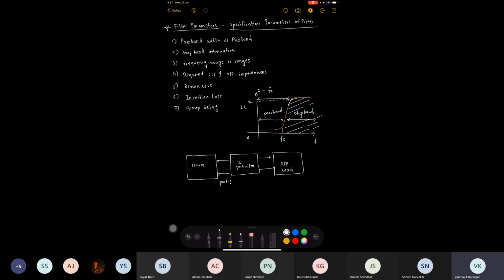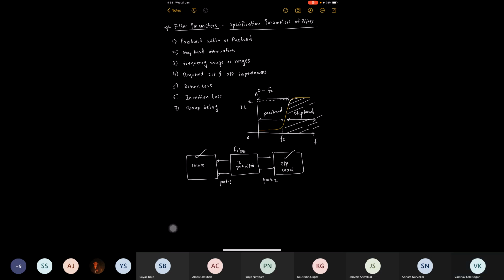So what we are actually doing is inserting this two-port network, which represents a filter circuit, in between the source and the load, in order to filter out some of the components from the source and provide the rest to the load.